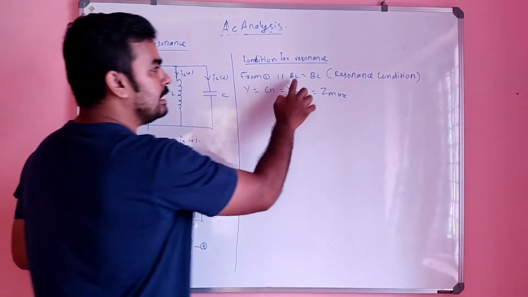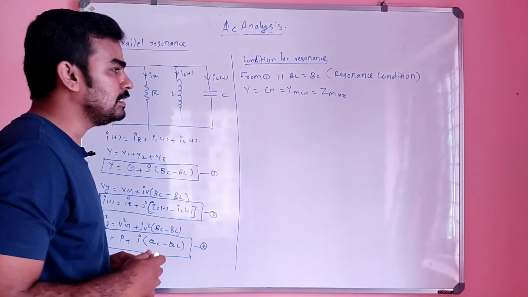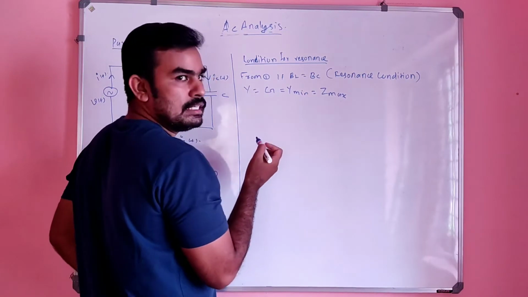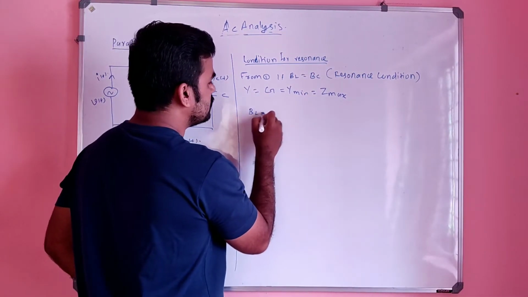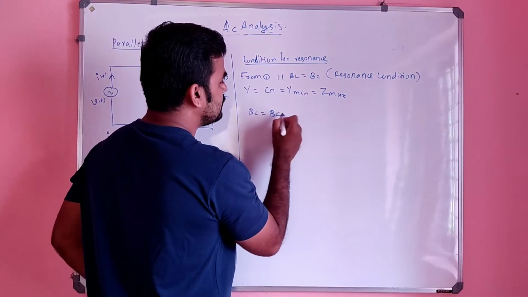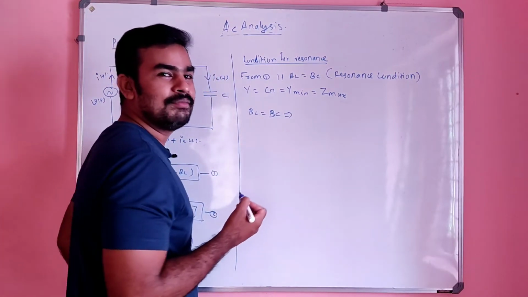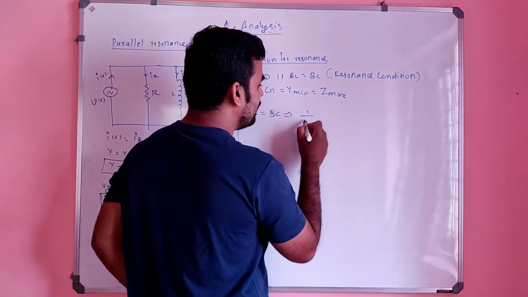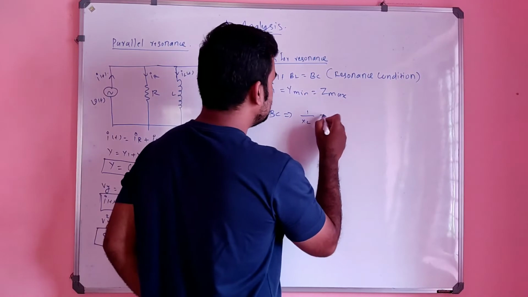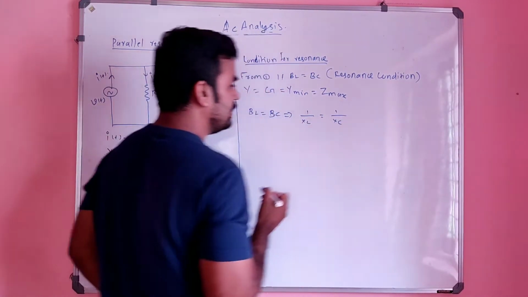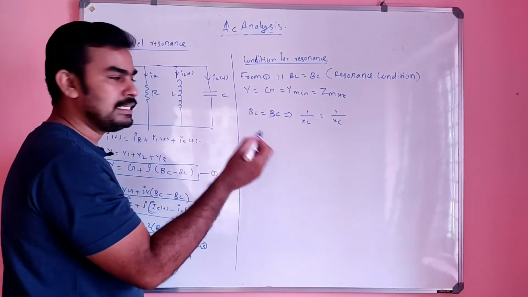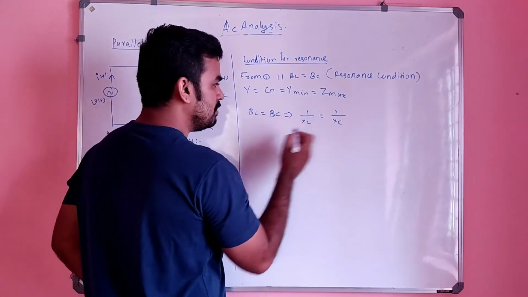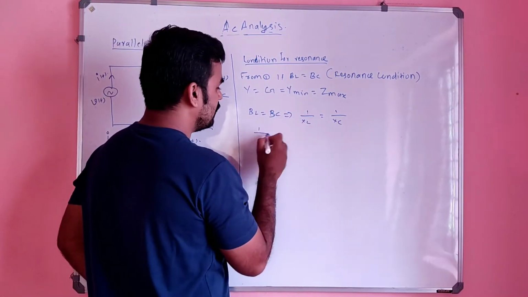So at this condition, what will be the frequency? Let's check that also. What does BL equal to BC mean? BL equal to BC implies, what is BL? It is nothing but 1 by XL, right? And what is BC? It is nothing but 1 by XC, right? 1 by XL means 1 by L omega.